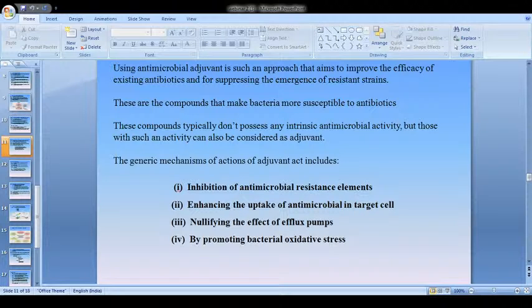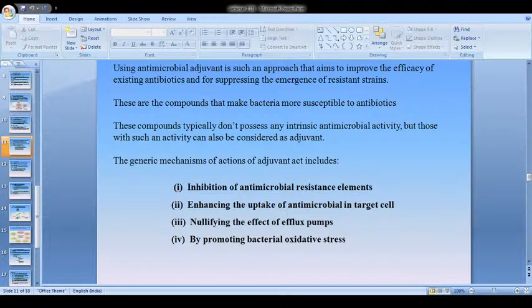Another notable example is cilastatin, an inhibitor of dehydropeptidase, the enzyme that degrades the beta-lactam antibiotic. These adjuvants supplement the action of these compounds. So it will inhibit the antimicrobial resistance elements.